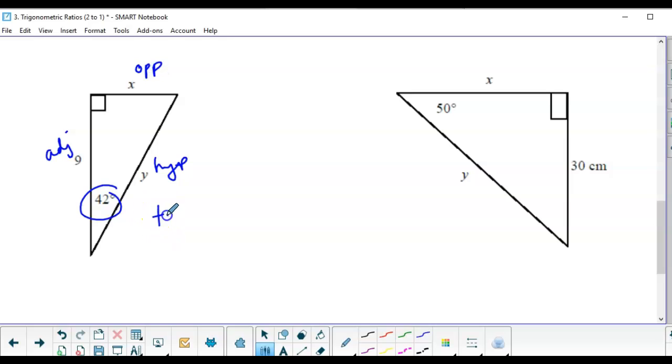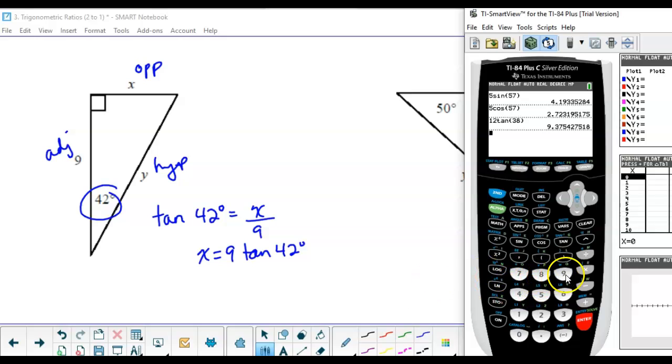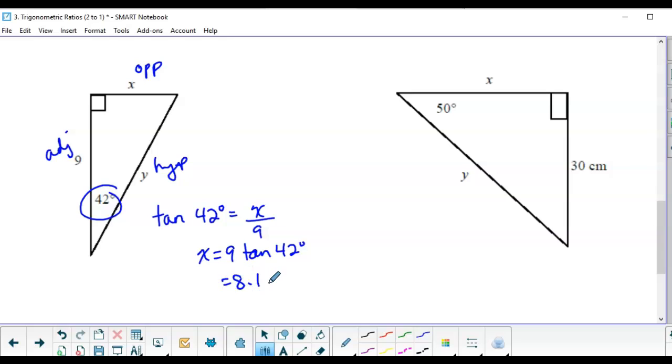So I'm going to start with tan of 42. That's going to give me x over 9. So x equals 9 tan of 42. Okay, so 9 tan of 42 is 8.1. No units, so I'll just leave it.